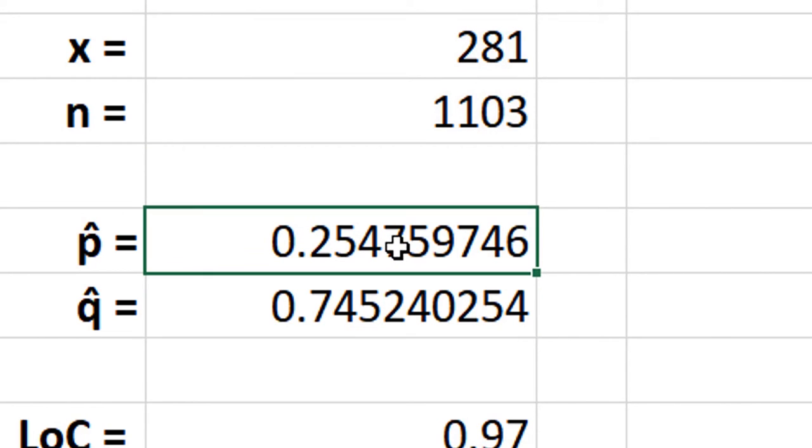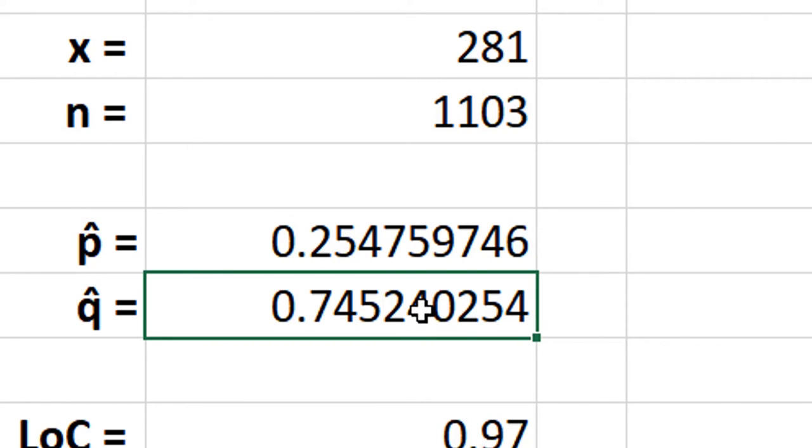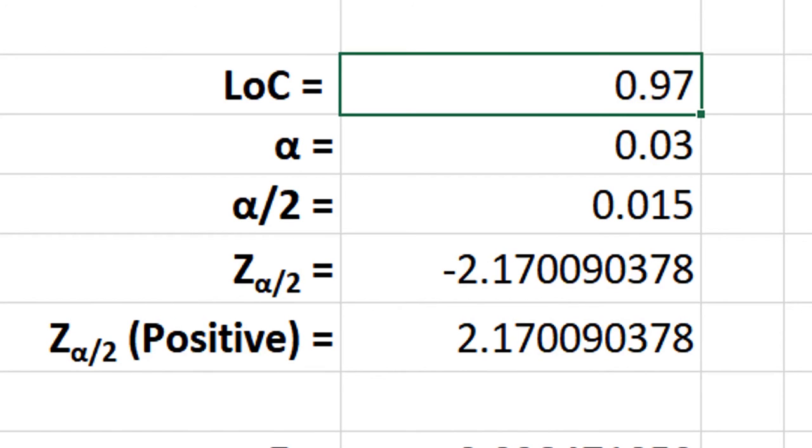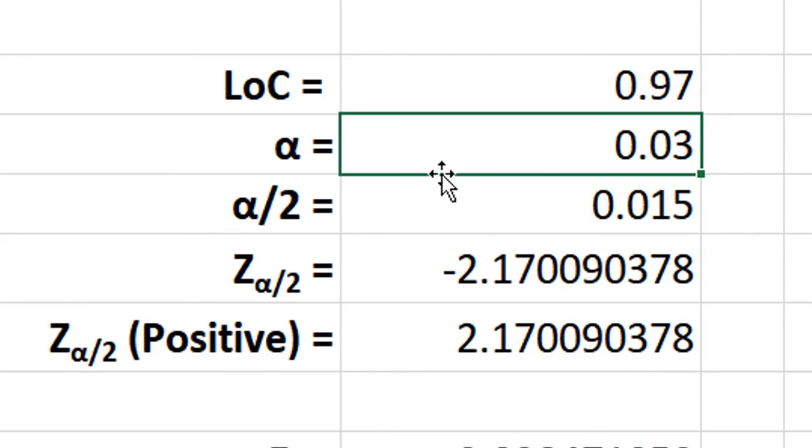And there we go. And now these numbers match up to what I had on the actual problem and the description of the solution to the problem. My level of confidence is 0.97. Alpha becomes 0.03.